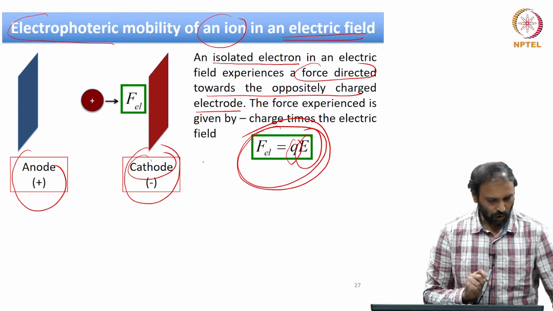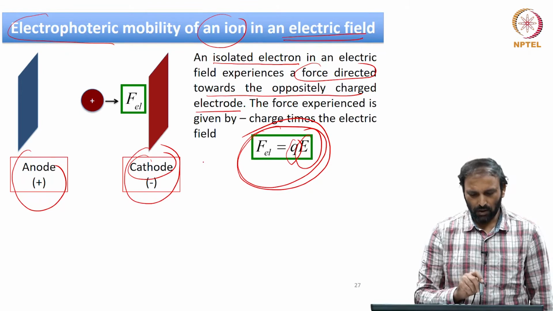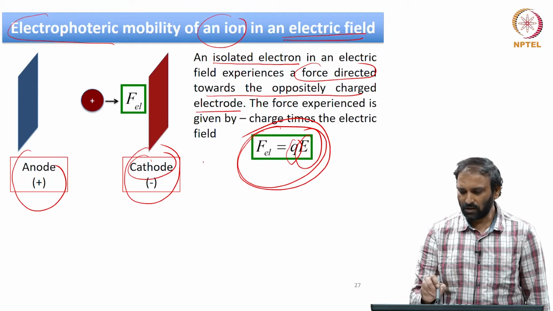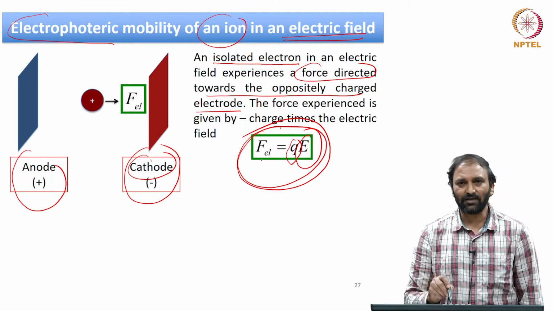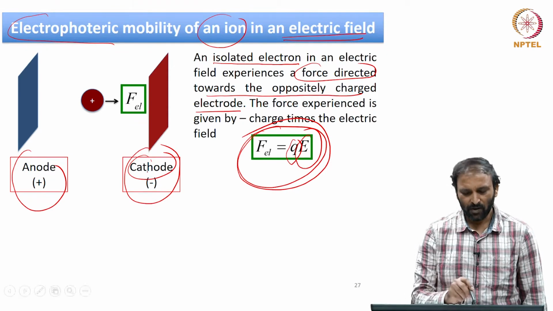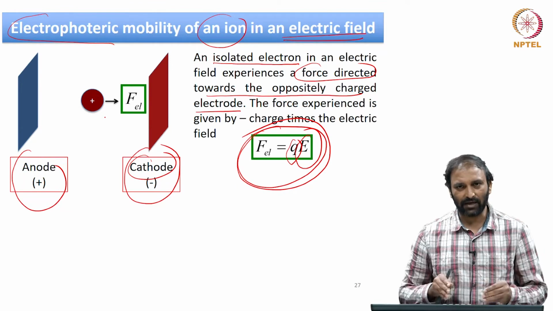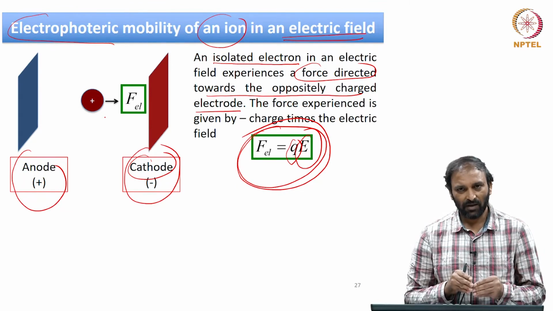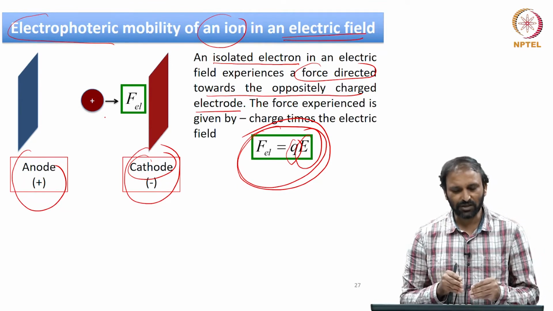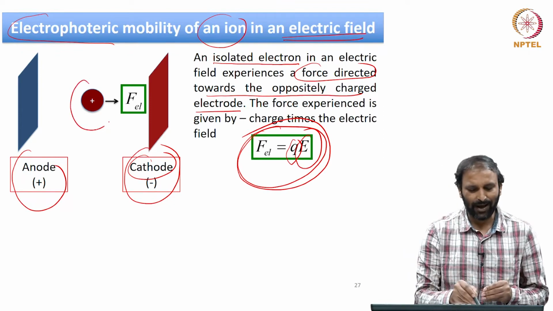So, when the electric field is applied, first the ion is going to accelerate, that means there is going to be a sudden increase in the velocity of the isolated ion.